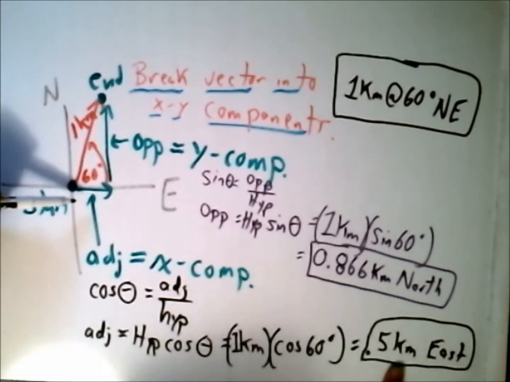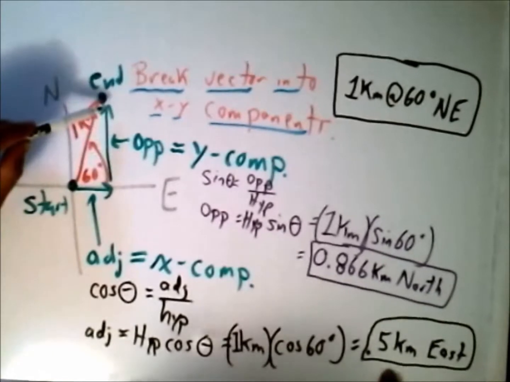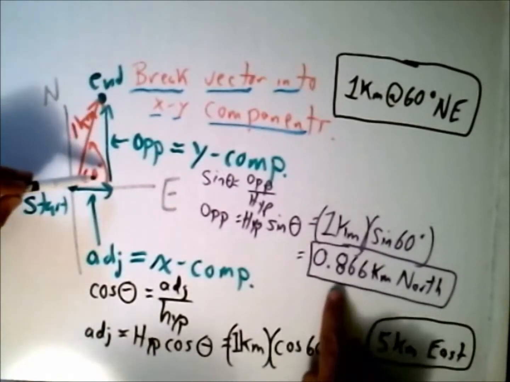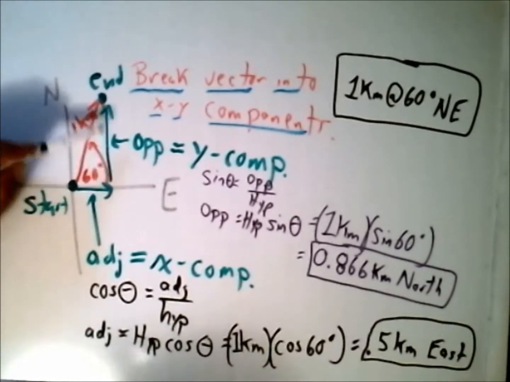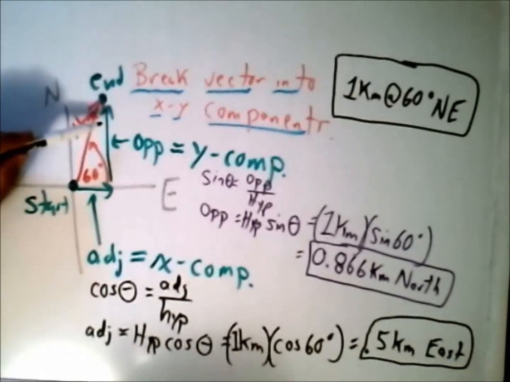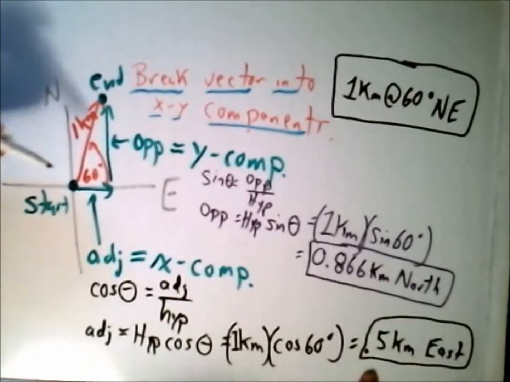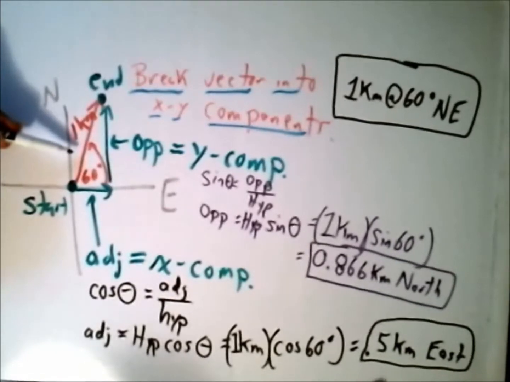So I take the 0.5 kilometer east vector, and I draw the tail right near the tip, and I then add 0.866 kilometers going to the north. And in this case, if I take those two vectors and add them tip to tail, and did the Pythagorean Theorem with these two numbers, I would end up with this value right here, which is a hypotenuse.